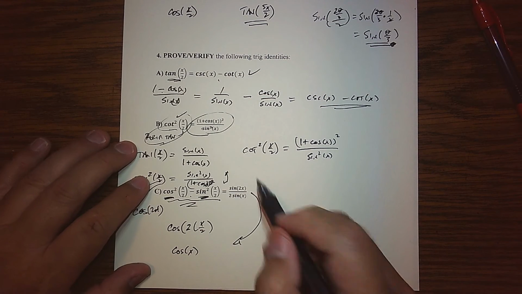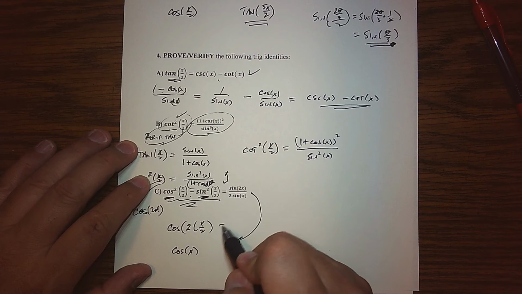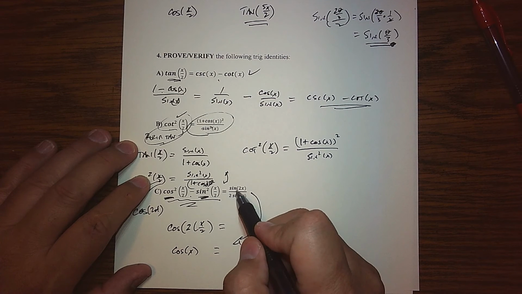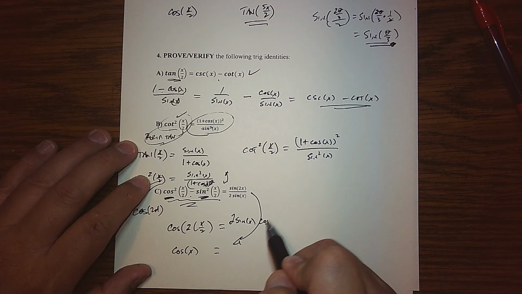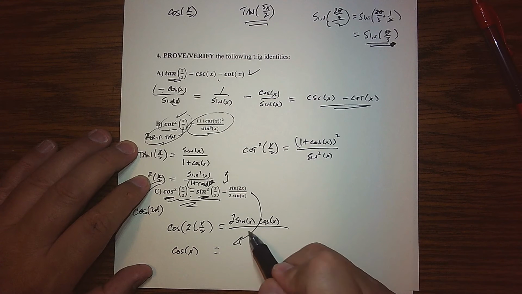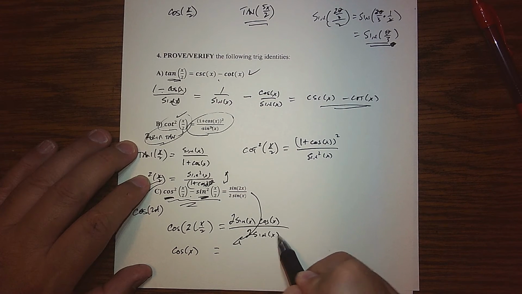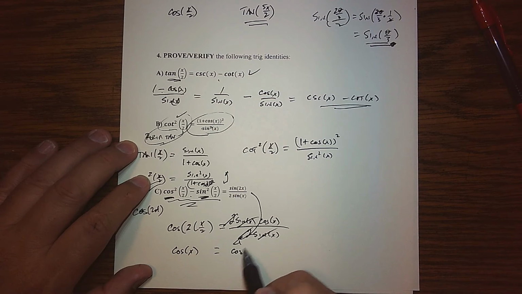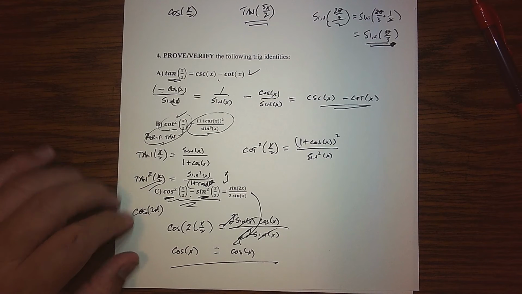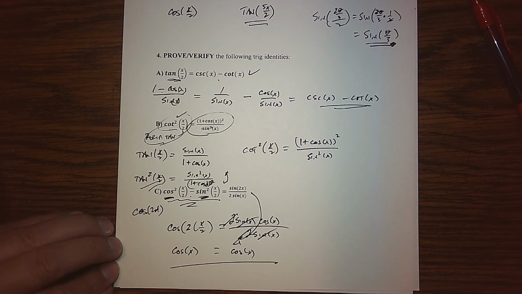So let's start over here. On this side, sine of 2x, we know that that's 2 sine x times cosine x, and we're dividing it by 2 sine x. The 2's divide out, the sines divide out, and lo and behold, I was able to make one side look exactly like the other side, cosine of x, cosine of x.